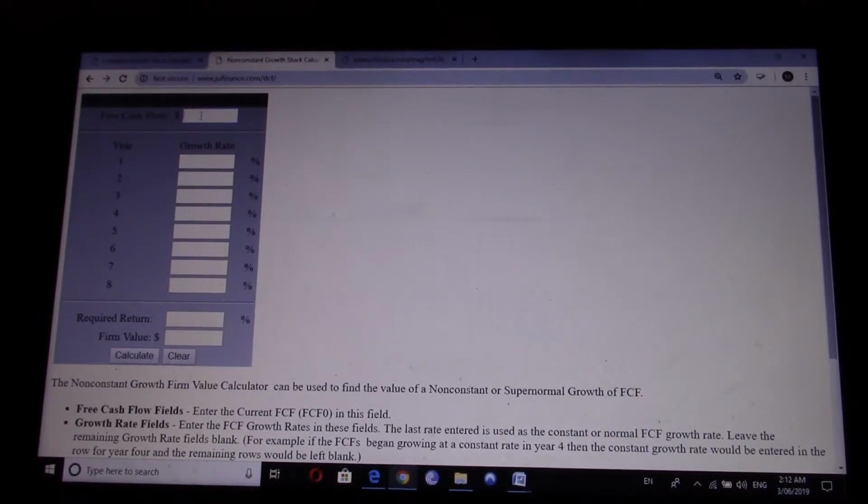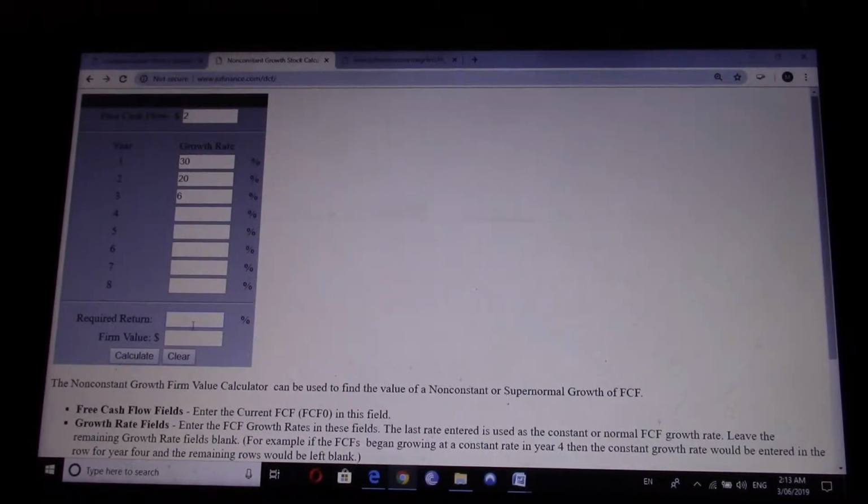For example, the dividend for the next period is $2, and the growth rate for this company is 30% next year, and then slows down to 20% two years from now. After year 3, the dividend growth rate will be constant, so you don't need to put information for year 4.